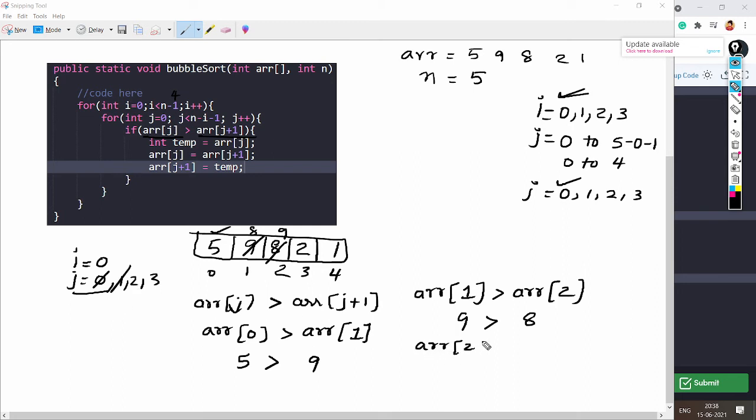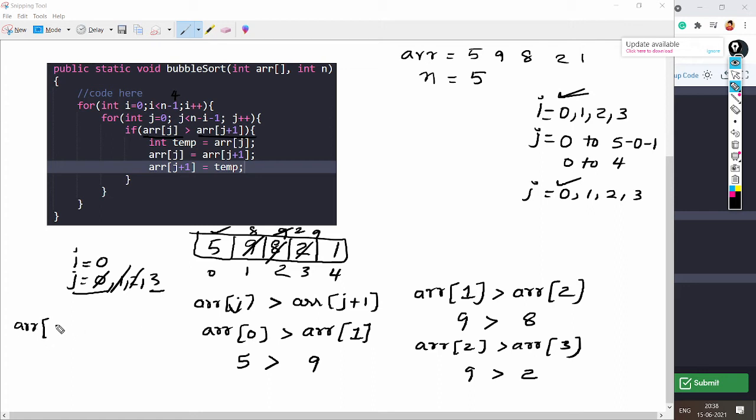So let's take 2. Is array of 2 greater than array of 3? Array of 2 means 9, is 9 greater than 2? Yes, true. Again swapping occurs, so here there will be 2 and here there will be 9. Now let's go with j as 3.